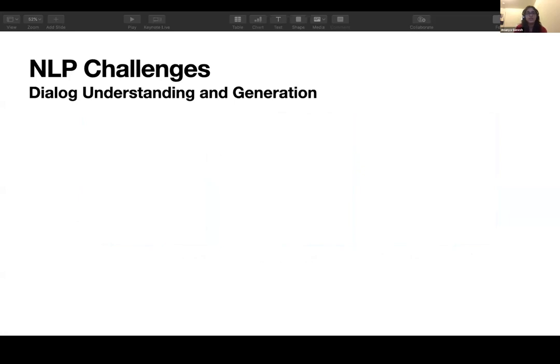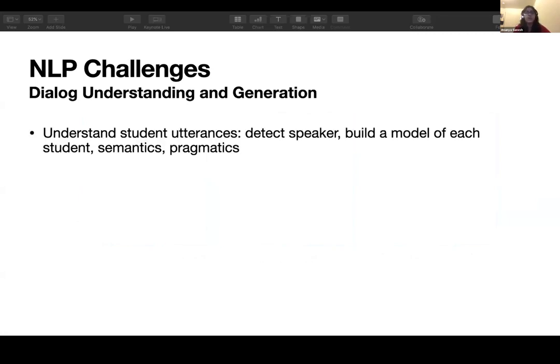So what are some other problems that we're working on as part of the NLP aspect of the NSF AI Institute? I am part of a strand that pertains to dialogue understanding and generation, as well as content analysis. One of the main problems is we need to be able to detect who's speaking, and know something about the attributes of the student.